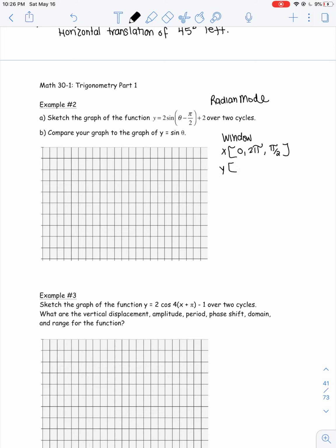And then for y, I know that the graph has moved 2 units up from its regular position. So I'm going to keep it at -4 to +4, going up by 1. Okay, so now we want to sketch what this looks like.